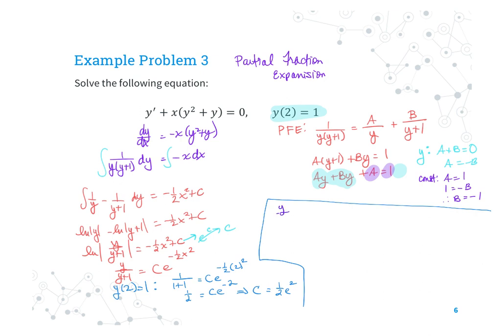We have y over y plus 1 is now equal to 1/2 e squared, e times e to the negative 1/2 x squared. Which means we can also rewrite this as 1/2 e to the 2 minus 1/2 x squared.